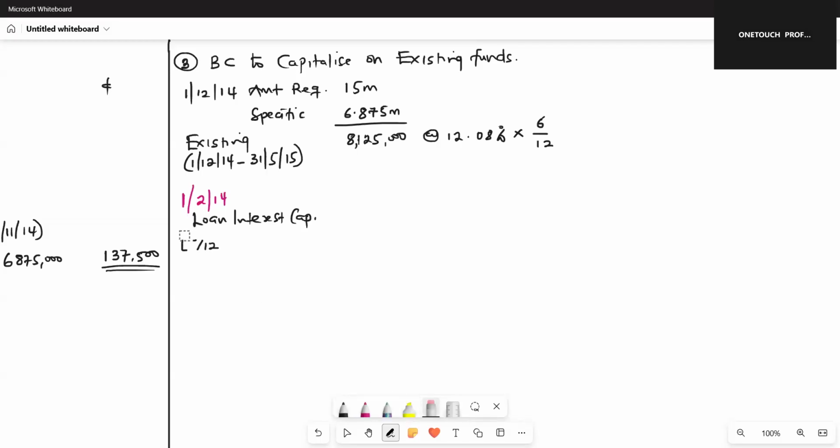So let me bring the date so that it will help you when you are revising. That will be from 1st September 2014 up to when? Up to, let's say, 31st January 2015. Exactly.